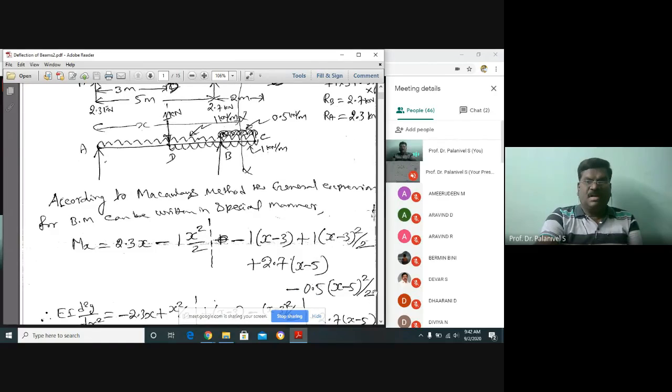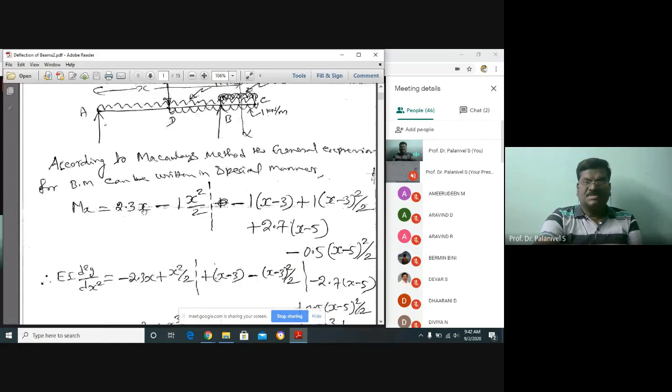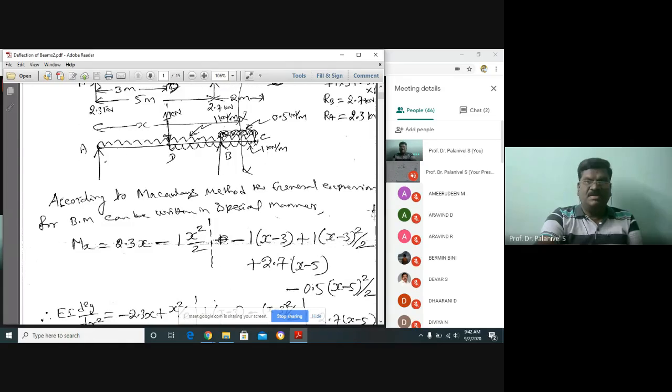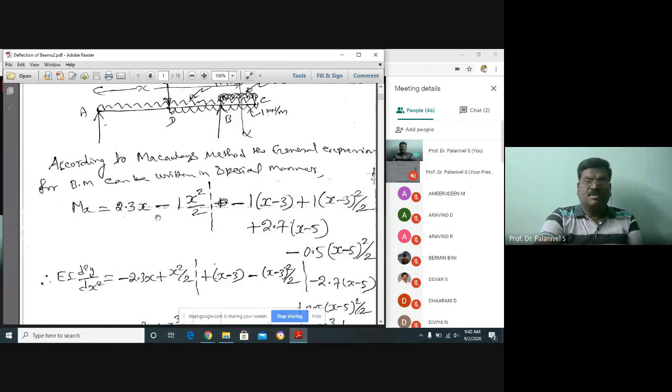Like this we have written the general expression for bending moment, but we have divided it into 3 parts because our beam is divided into 3 portions. I'm not supposed to use the word terms; it is first 3 parts of the equation. The first part is applicable for the first portion AD of the beam.